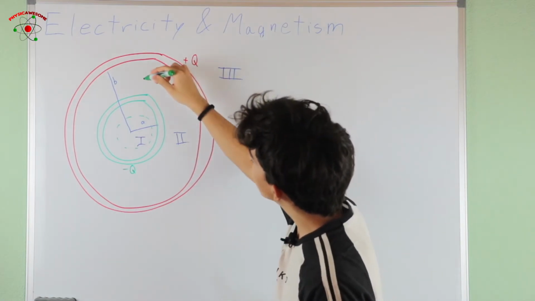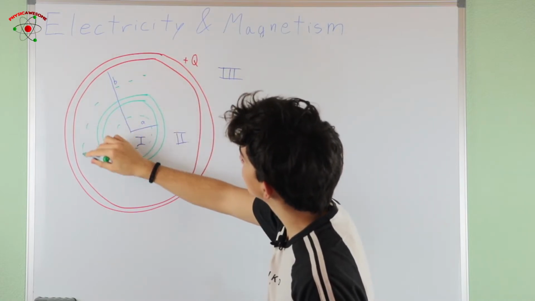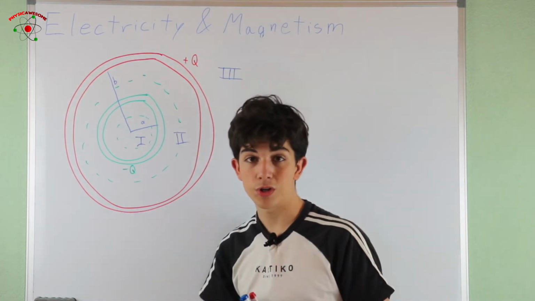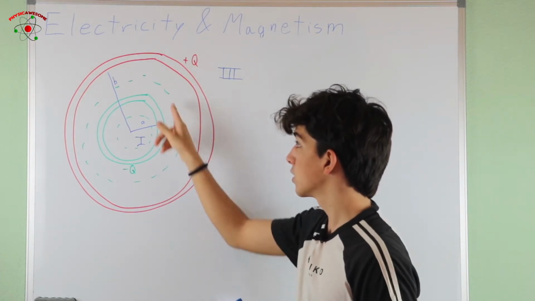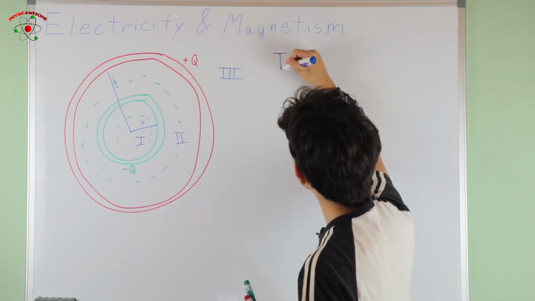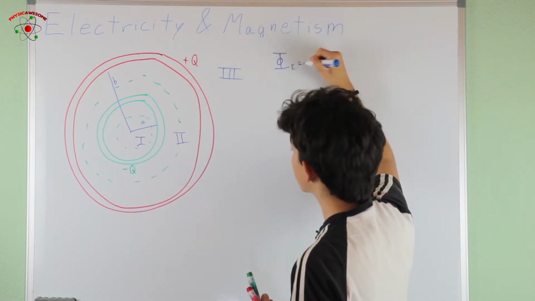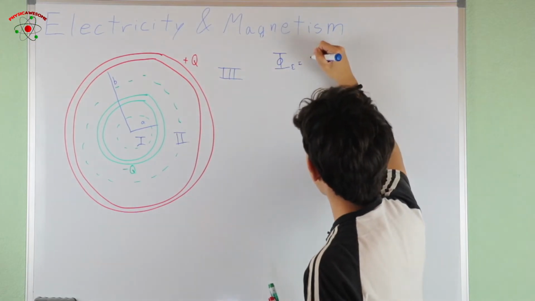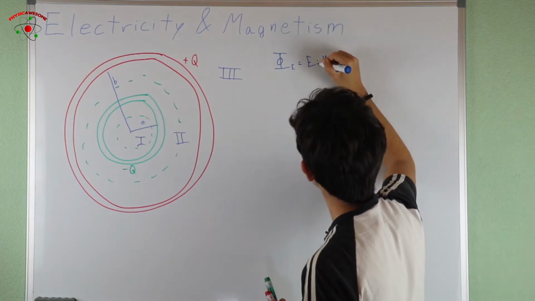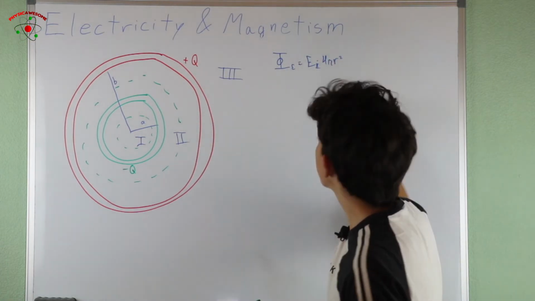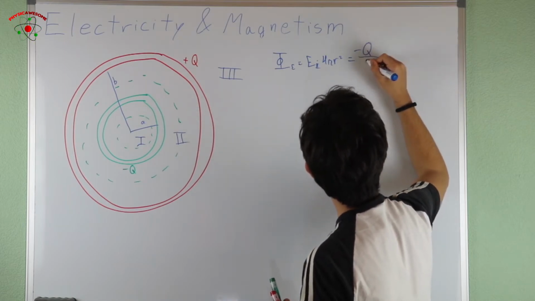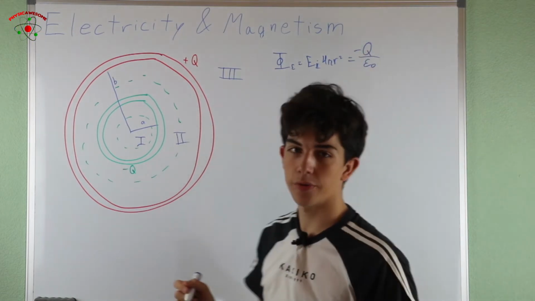Now, if we apply Gauss's Law to a bigger Gaussian surface around region 2, which encloses this cell of charge, what we find is that the flux is going to be equal to the electric field times 4 pi r squared. It's going to be in region 2. It's going to be equal to Q minus Q over epsilon.